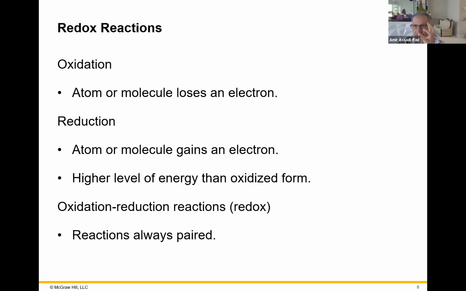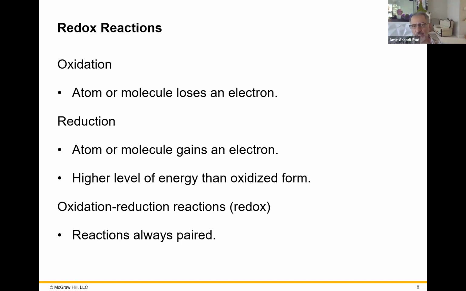It means oxygen got into that metal and it became oxidized. So you see it as rust, okay? When an atom or molecule loses an electron, that is oxidation. Reduction, on the other hand, is when an atom or molecule gains an electron.